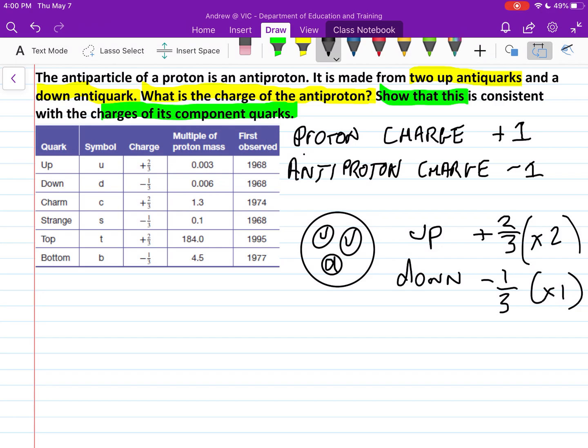These are our quark symbols. If we added these together, this would give us our proton charge, but we are looking at the antiquarks. Antiquarks work the same, but they have the opposite charge of quarks.